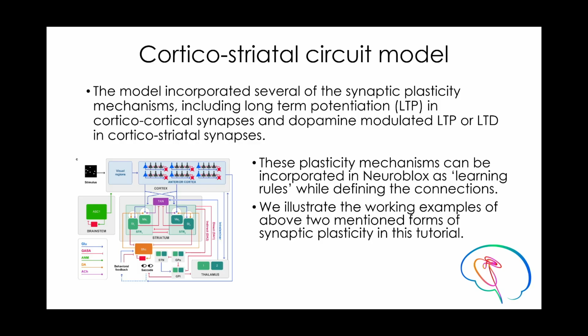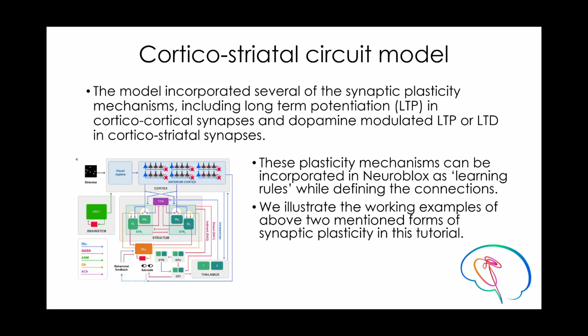And it can match both the LFPs and the behavior because of the learning rules that help it adapt over trials. This model includes LTP, long-term potentiation, in the cortical synapses, that is, the synapses between the visual cortex and the anterior cortex.